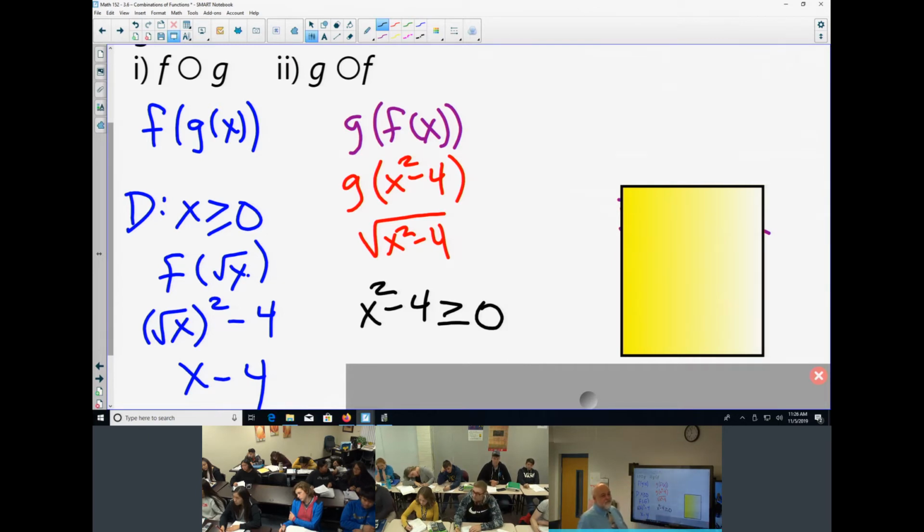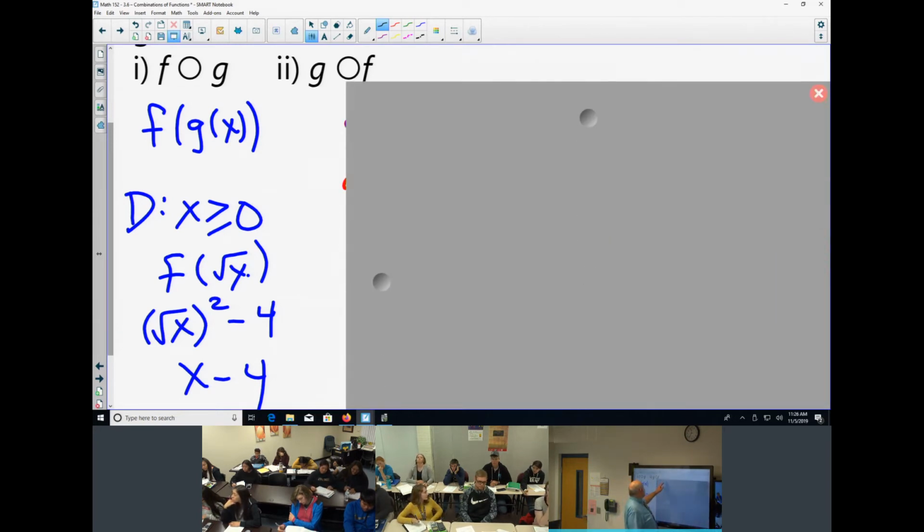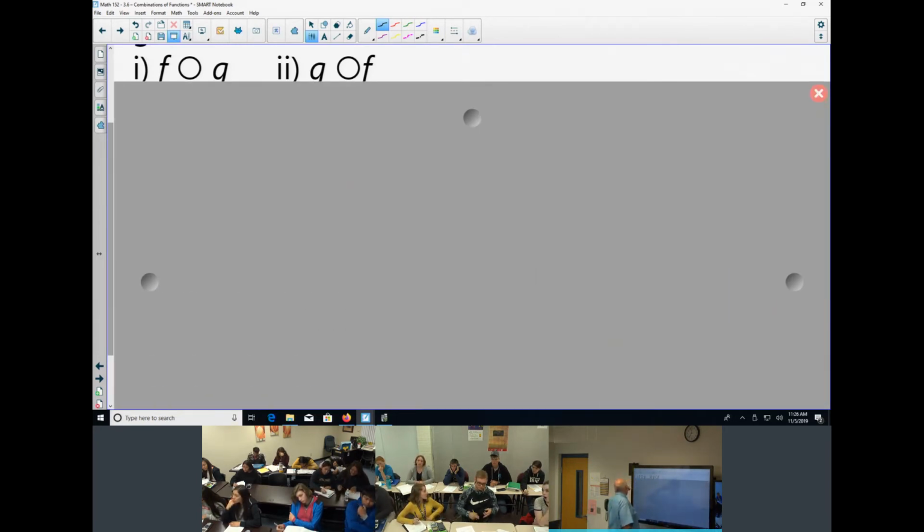And so notice that they have different domains. It just kind of depends on the order that you're working in. Okay, so any questions on either of those? All right, well, so that's function composition.